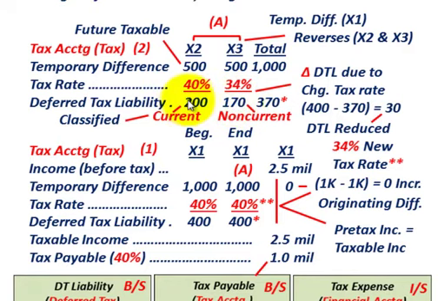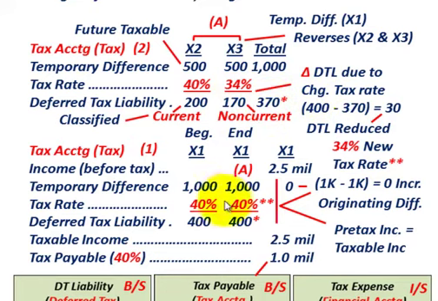So our total deferred tax liability is just the sum of year X2 and year X3, $370,000. You see what's happened here: this is due to the change in the tax rate, nothing to do with the temporary difference. All it has to do with is the change in the tax rate. So this is how you're going to handle that.